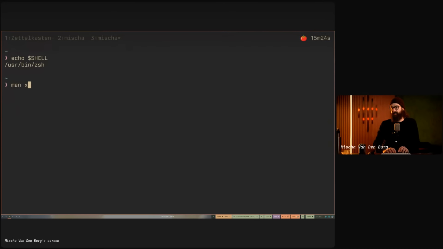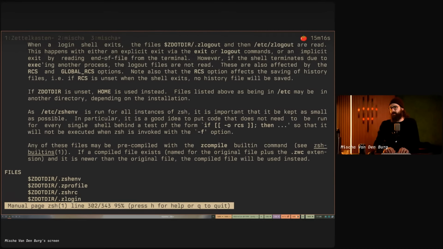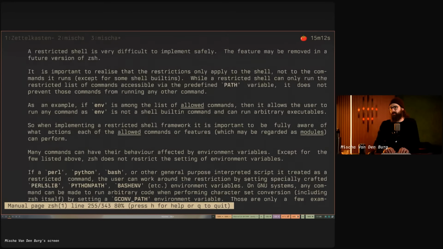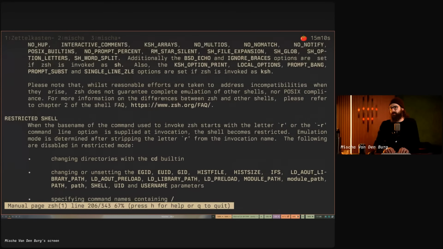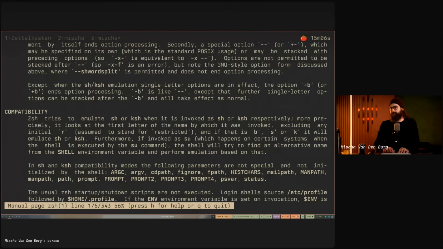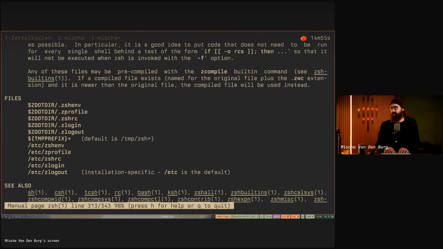So man zsh. Does it contain information about the author? No, interestingly, this does not contain information about the author.